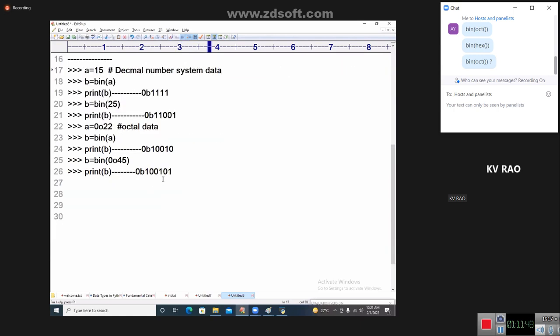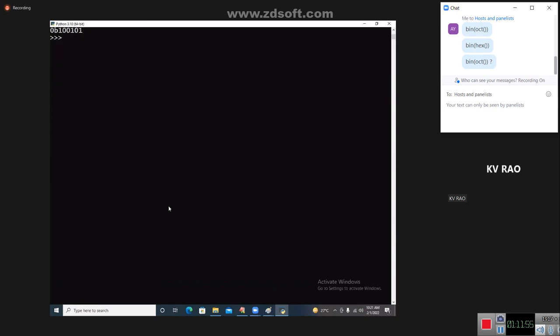Similarly, students, I will go for octal also, hexadecimal also. Coming to the point, hexadecimal I want to go for. Yes, students, please come on to the point. A is equal to 0xf.